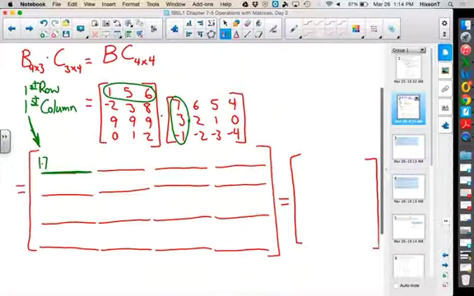We're going to multiply the 5 by the 3. And we're going to multiply the 6 by the negative 1. And then we're going to add those all together. Alright? So we have 7 plus 15 is 22, minus 6 is 16.